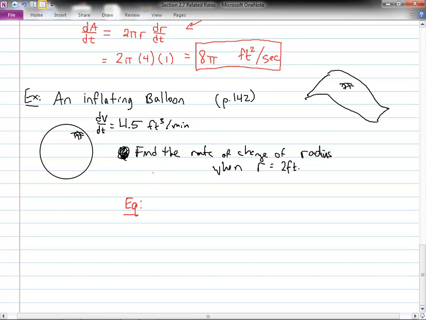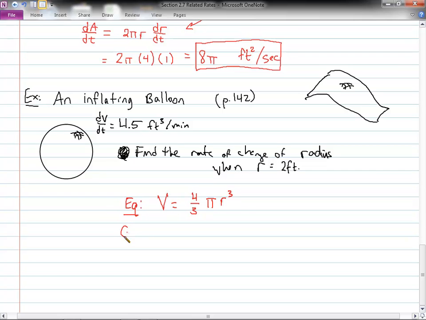The variables are volume and radius. So what's the volume of a sphere? Close. There is a 4, there is a pi, and there is an r cubed. But there's something else. 4/3 pi r cubed. I guess its surface area is 4 pi r squared. So that's the one that has just the 4 in it.